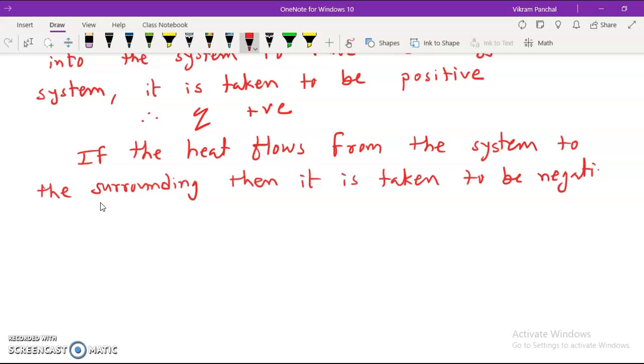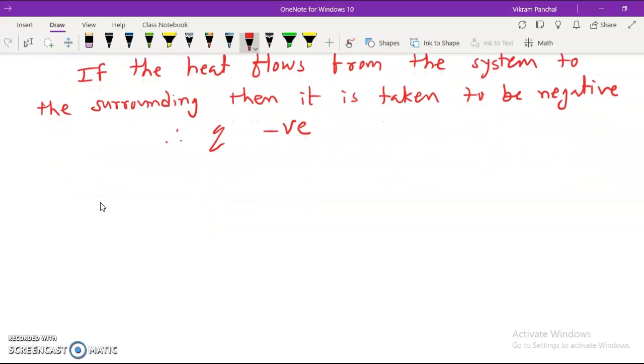It's like exothermic reaction. So here Q will be negative if system provides heat to the surrounding. So in general we can explain like this.